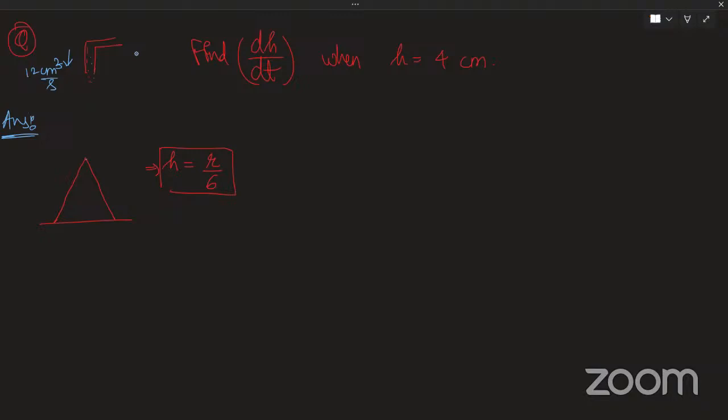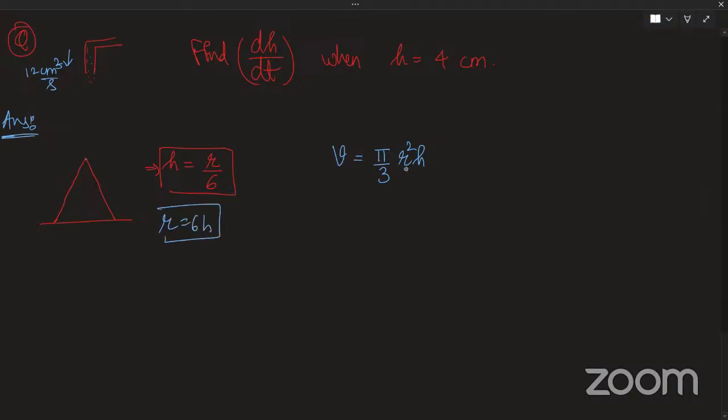Okay. So let us give it a try. Can you write the volume of this cone? Volume of cone is pi by 3 r square h. Since I am being asked dh by dt, I should convert this whole thing only to h. Can I do that? Yes, I already know r is equal to 6h.